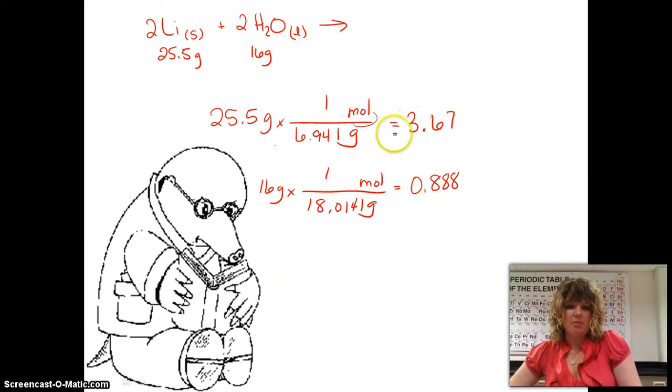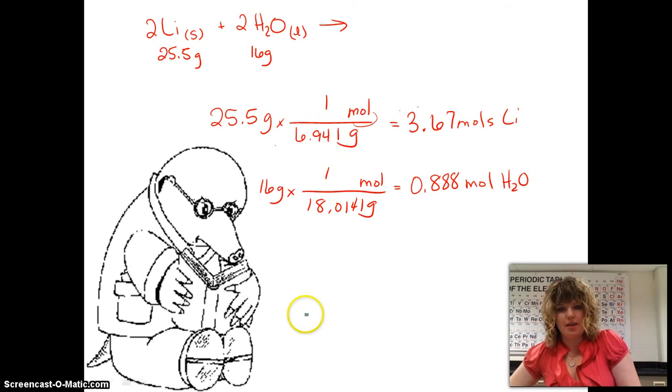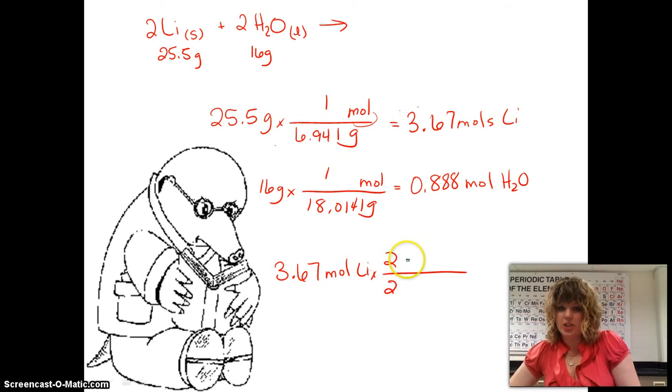Okay, so we pick one, and this is moles of lithium. This is moles of water. Okay, so we pick one. I always pick the first. Moles of lithium, and it's going to be a 2-to-2 ratio. Moles of H2O.